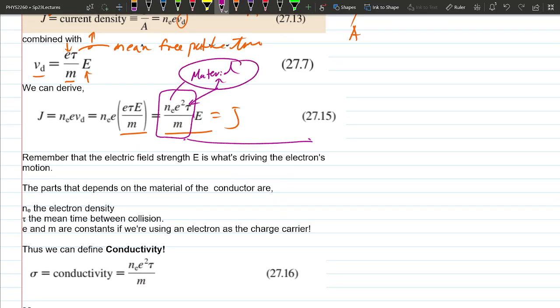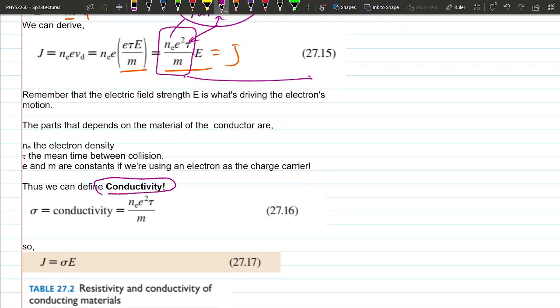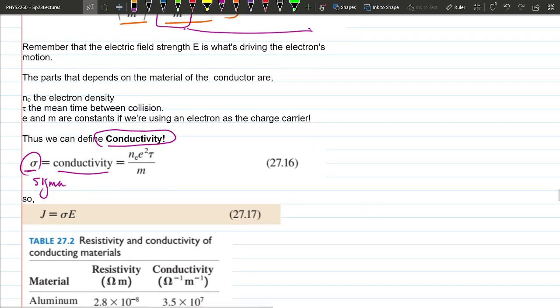All of these numbers just depend on what type of material it is. We're going to lump them together and call it conductivity: how conductive is my piece of metal. We define this thing called sigma, the Greek letter sigma, and call it conductivity. It's all that complicated stuff in our equation.